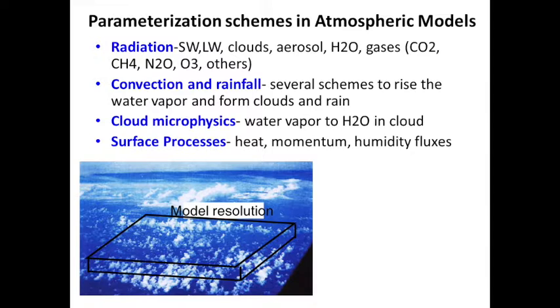So, as I said, momentum flux, heat flux, humidity flux, and all these fluxes are going to the atmosphere, and the atmosphere is getting this flux to change the atmospheric circulation. So these are very important processes.